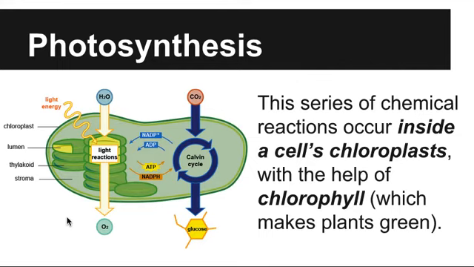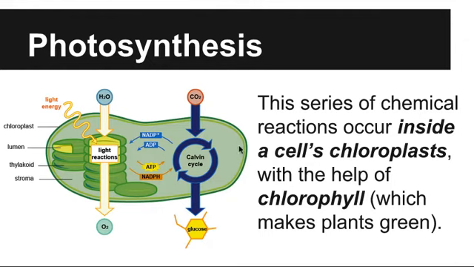Photosynthesis happens as a series of chemical reactions, and they occur inside of the cell's chloroplasts. Through the help of enzymes, we convert water and carbon dioxide into glucose. So we take the energy in, we put in water, we put in carbon dioxide, and we get out oxygen and glucose.